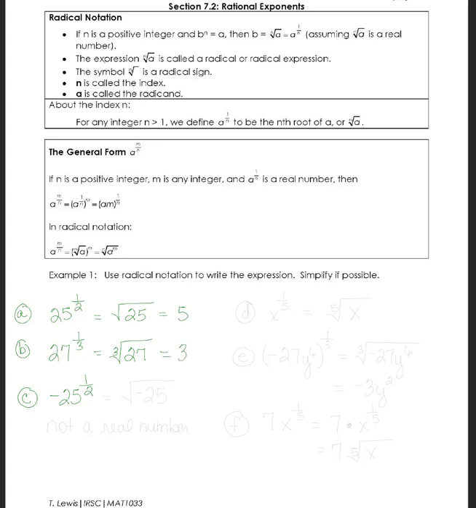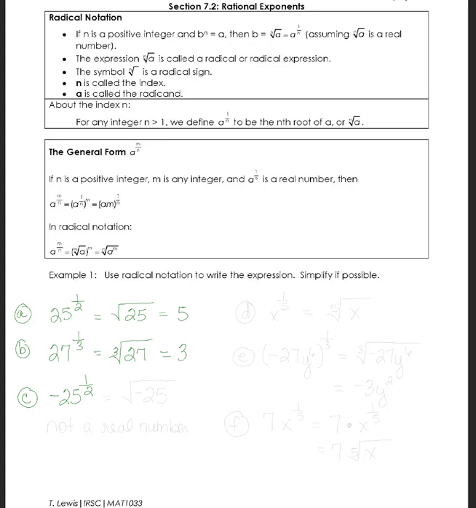So why would you write the 3 when you don't write it? It's just the rule says when it's 2, there's no need to write it because it's understood 2. Anything greater than 2, you have to write. Okay? The index.